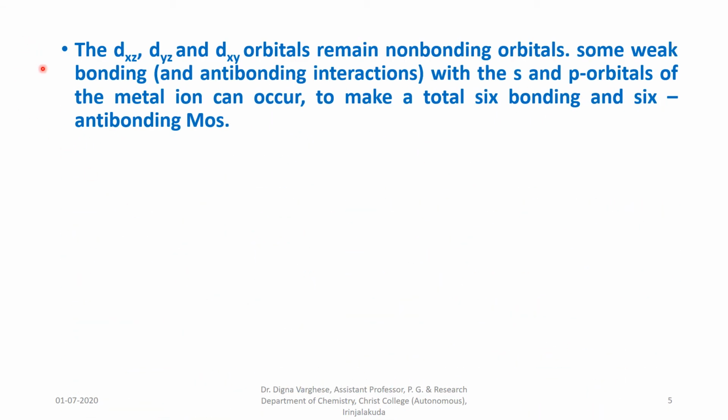The dxz, dyz and dxy orbitals remain non-bonding orbitals in sigma bonding octahedral complexes. That means these orbitals are not involved in bonding. Some weak bonding or anti-bonding interactions with the s and p orbitals of the metal ion can occur to make a total of 6 bonding and 6 anti-bonding molecular orbitals.